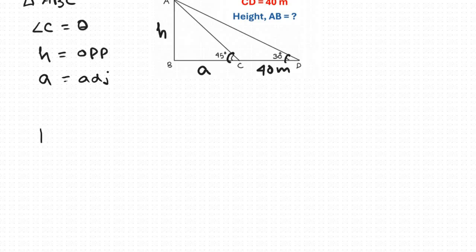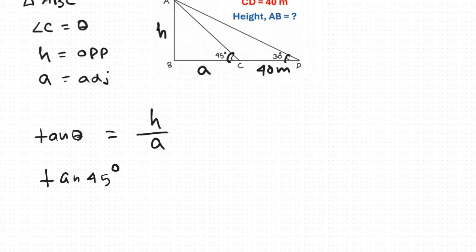We can write tan theta equals opposite, which is H, and adjacent, which is A. We can write the value of theta, which is 45 degrees.